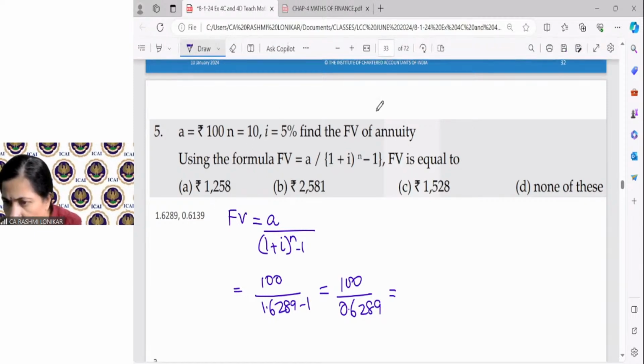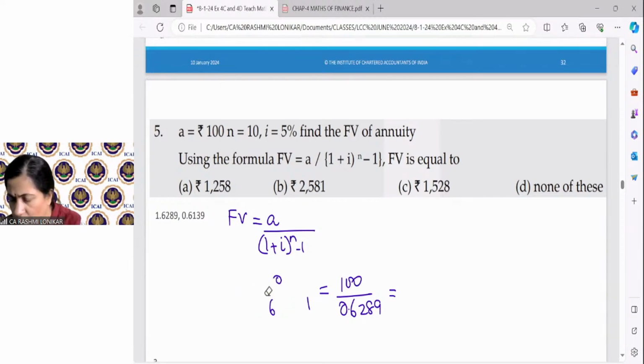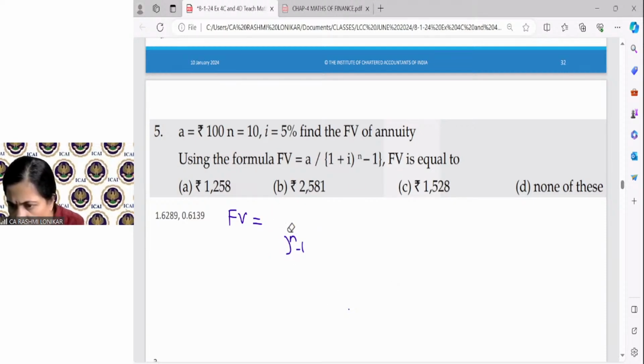We'll take the normal formula, because this is going to give you 100 upon, this is going to give you what? 150. There is some mistake in this thing. We'll take the normal formula. There's some printing error over there.